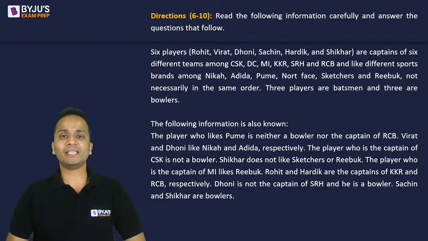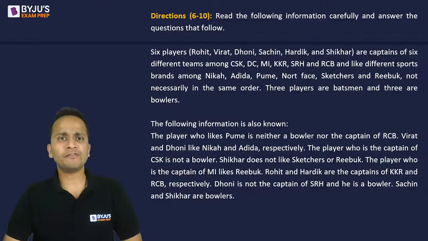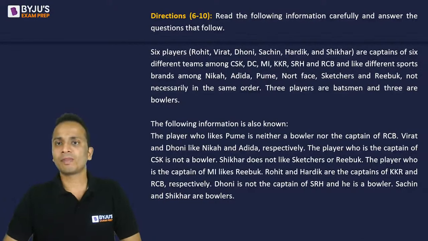Okay. All right. So read the following information carefully and answer the questions that follow. So there are 6 players and they are the captains of 6 different teams and they like different brands. All right. Also, it is given that 3 players are batsmen and 3 are bowlers.